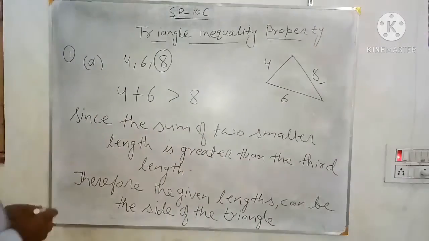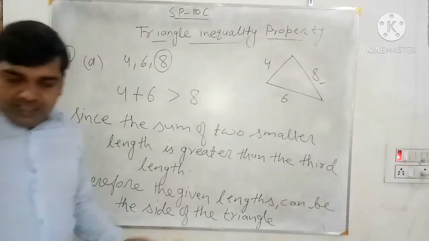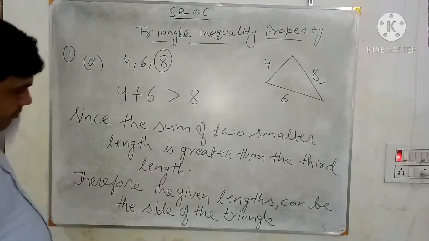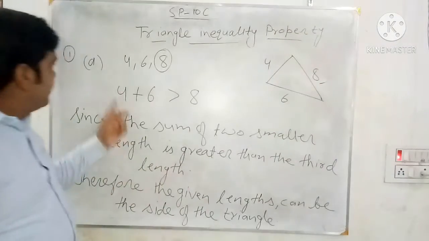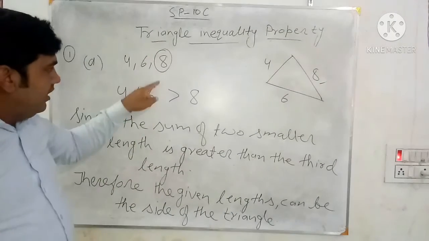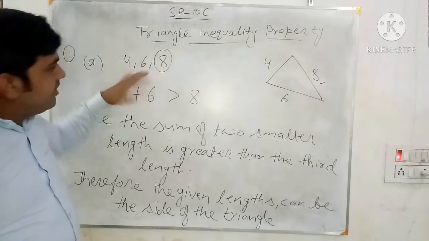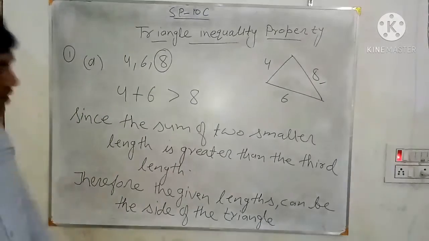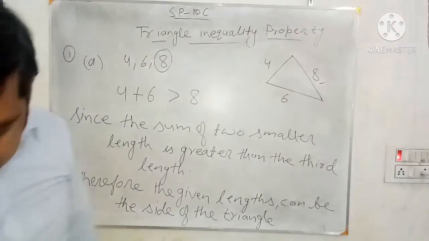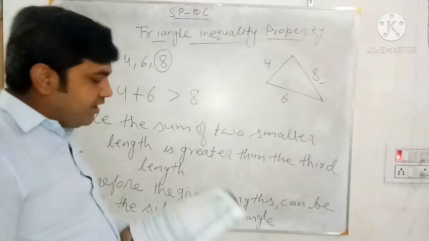We have to quote the result also. We have to explain it: since the sum of the two smaller lengths is greater than the third length, that is 8, therefore the given lengths can be the sides of the triangle. Similarly you can check the others also.